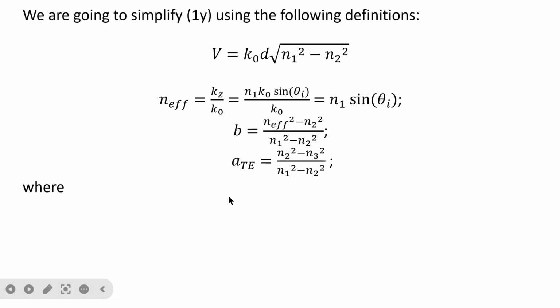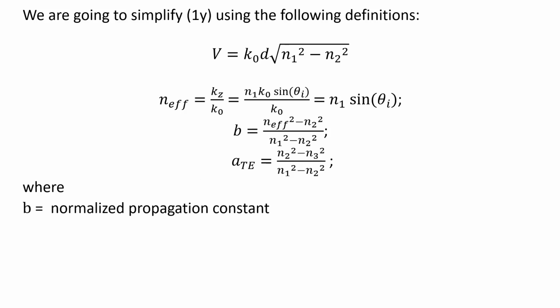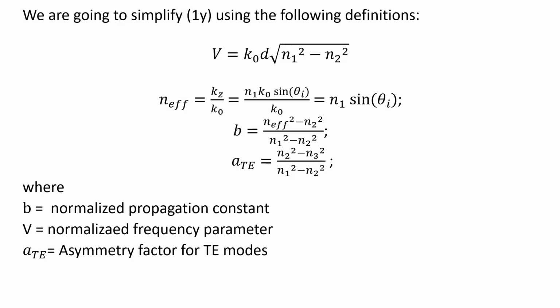So let's verbally define these parameters. We normalize the propagation constant. We normalize the frequency parameter. a of TE, or just a, is an asymmetry factor.